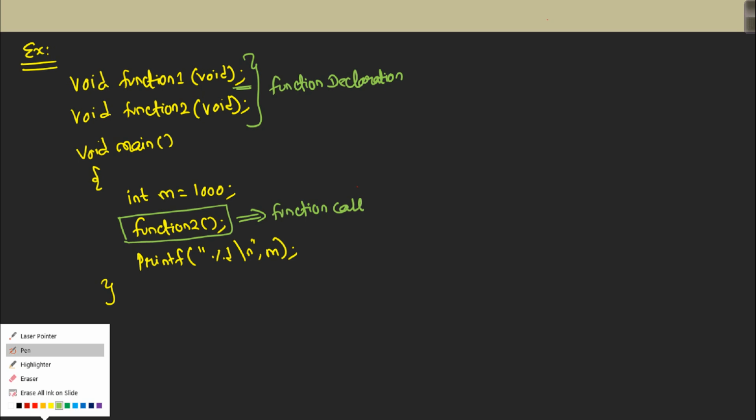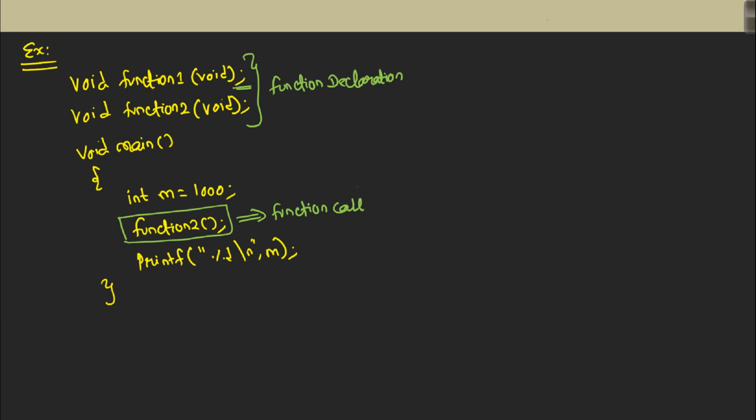So next one, I am going to define one more function, void function 1 of int m is equal to 10, printf %d \n comma m.